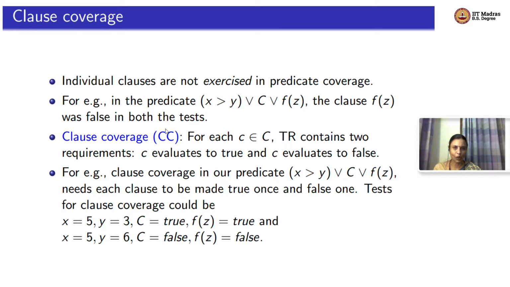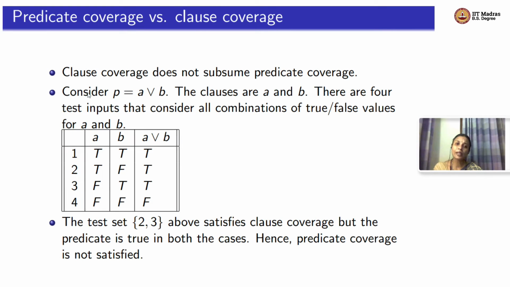So we introduced clause coverage. But in the presence of connectives like or, through an example here, we understand that clause coverage can be met while the predicate stays as true, right? So neither of these seem to be good enough. One doesn't exercise all the clauses, one doesn't exercise the whole predicate to be true once and false once.